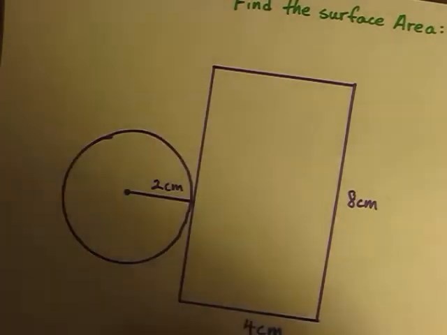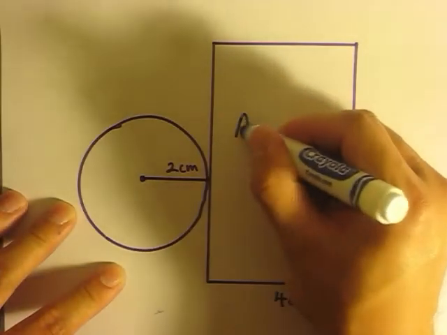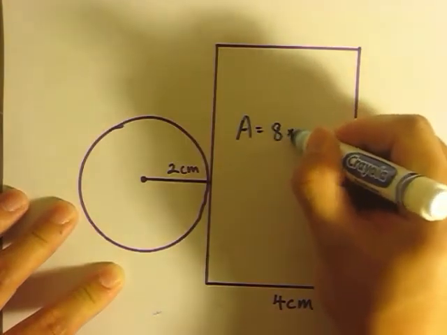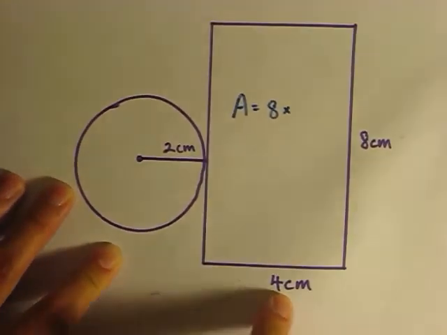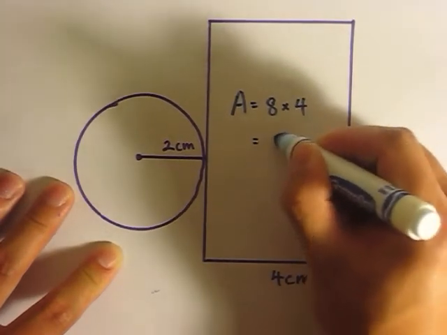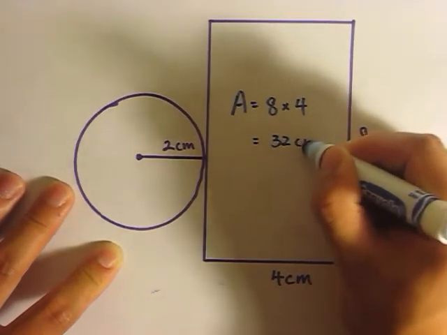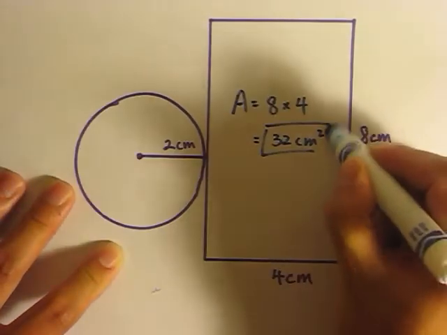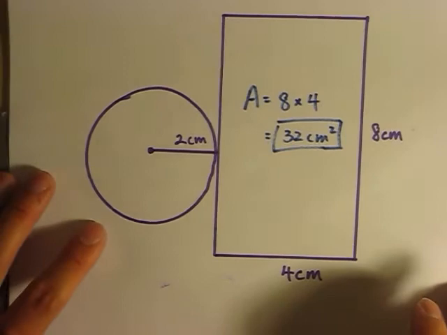So go ahead and write this down. So area equals, length is 8 times width is 4. So 8 times 4 gives me 32 centimeters squared. So my rectangle has an area of 32 centimeters squared.